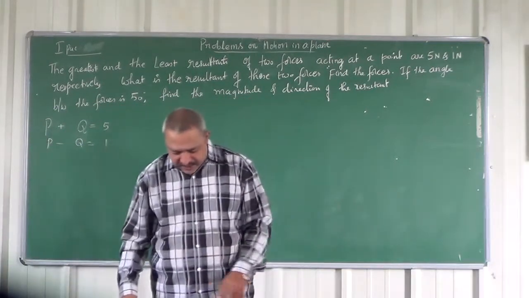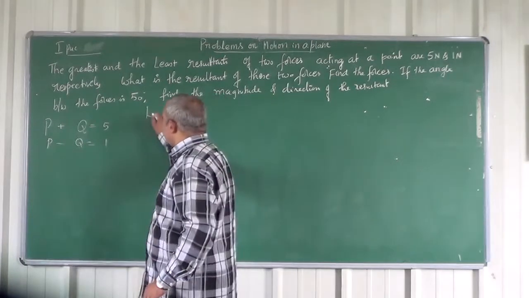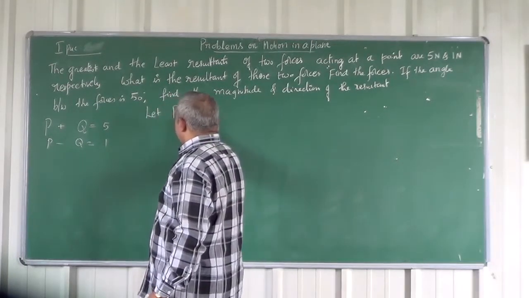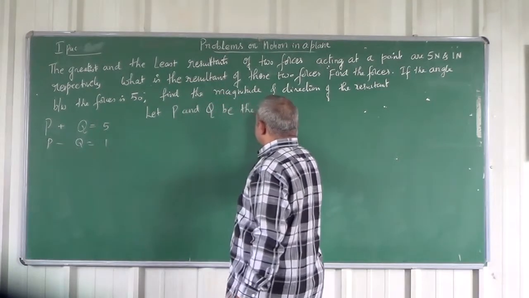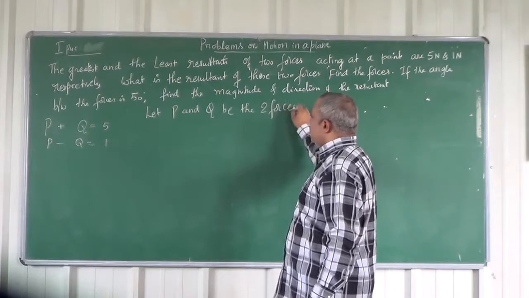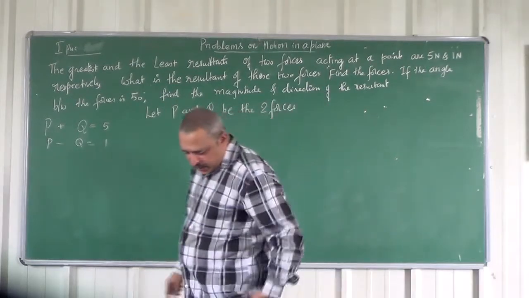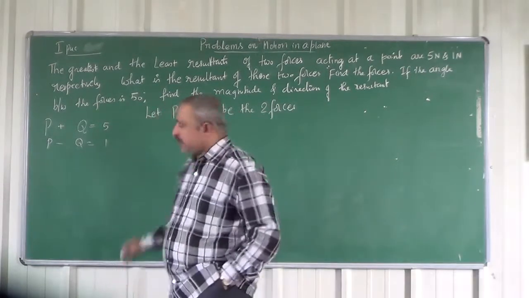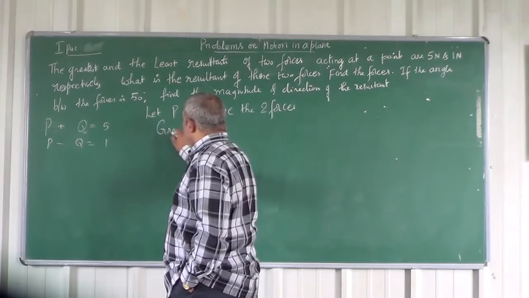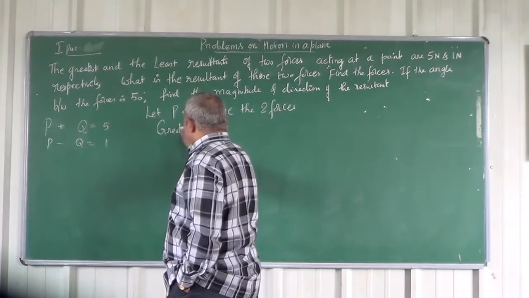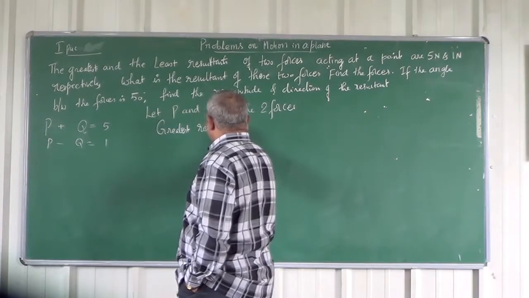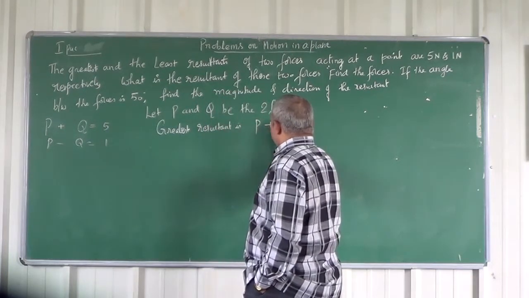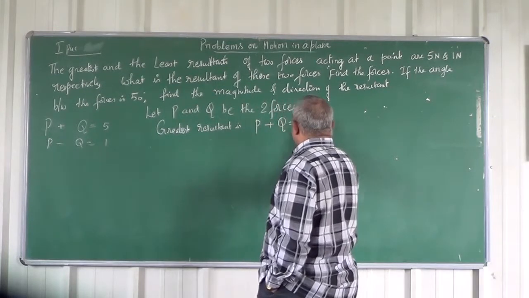Okay, we shall write. Let P and Q be the two forces. Now, the greatest resultant is P plus Q is equal to 5.